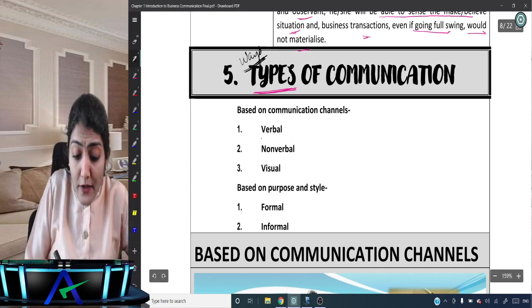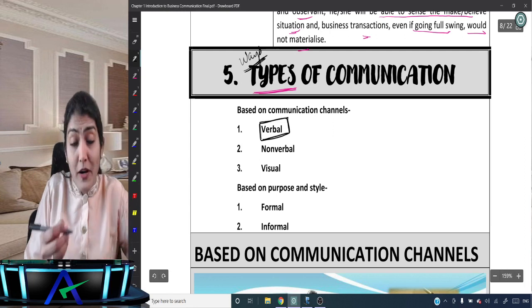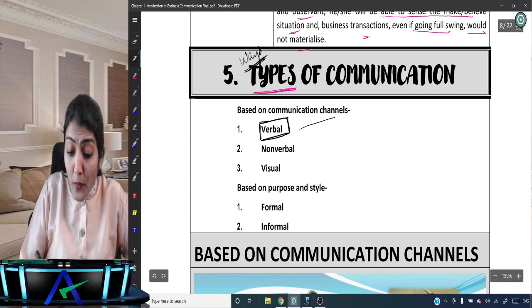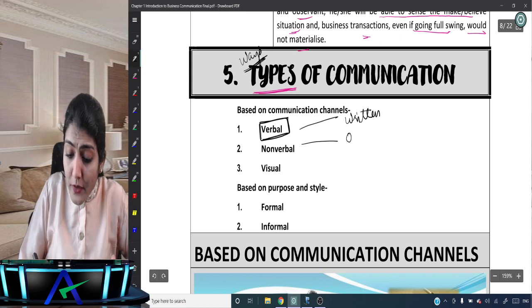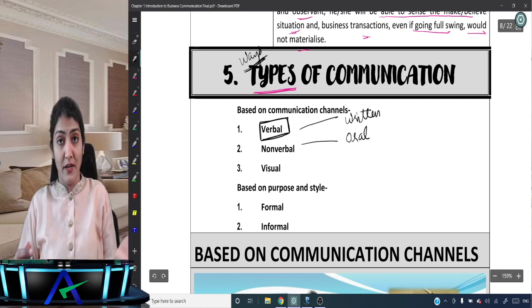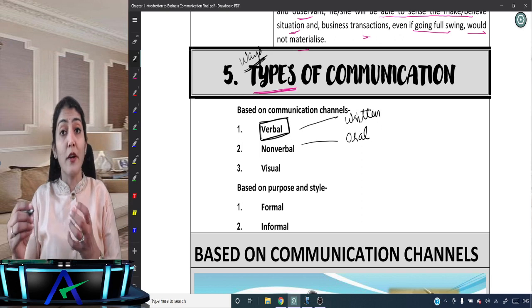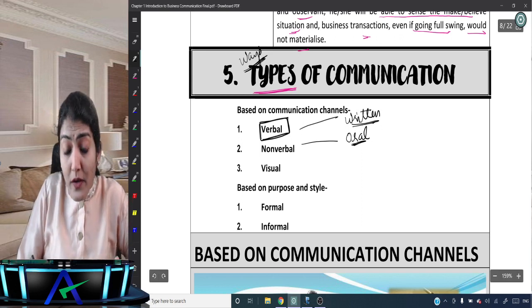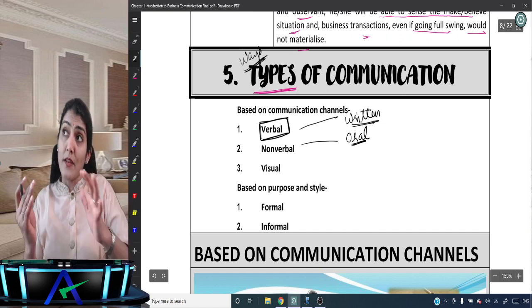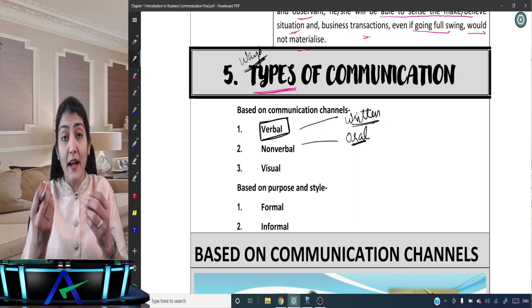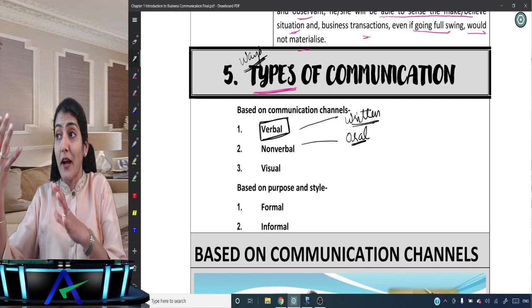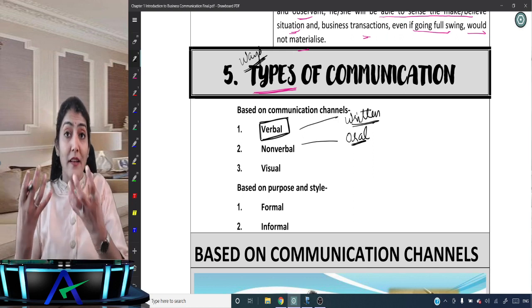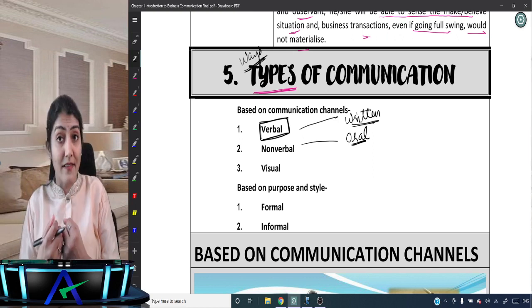So one is verbal communication, and verbal communication could be either written communication or oral communication. On the part of the sender in writing there has to be writing skills, and on the part of the receiver, reading skills.